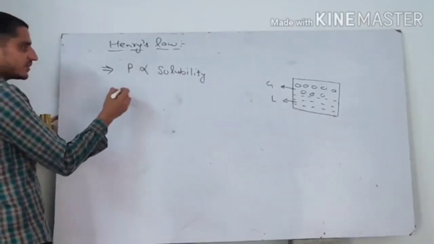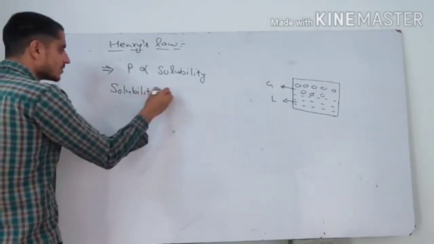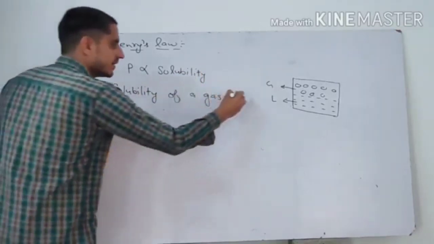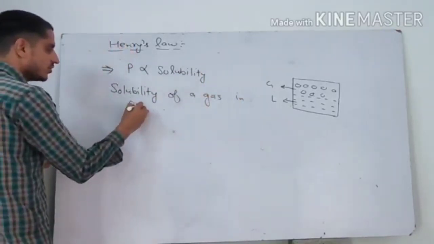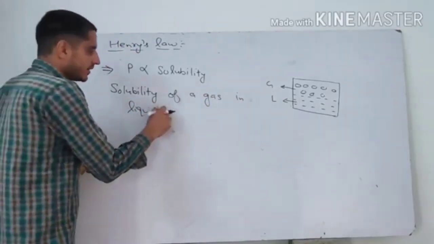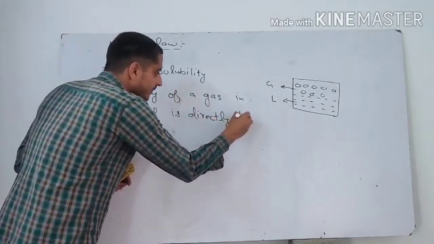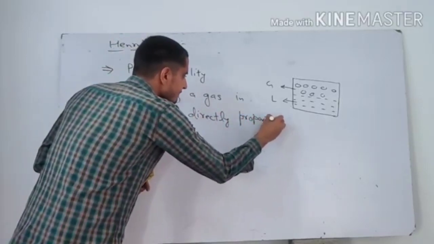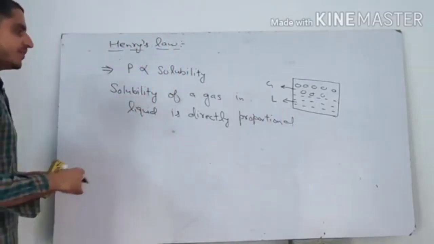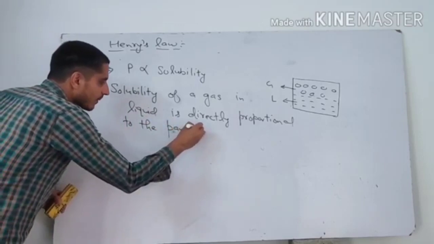So we can write it down that the solubility of a gas in liquid is directly proportional to the partial pressure.